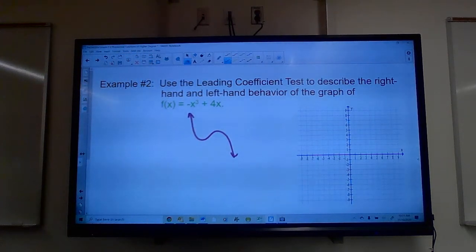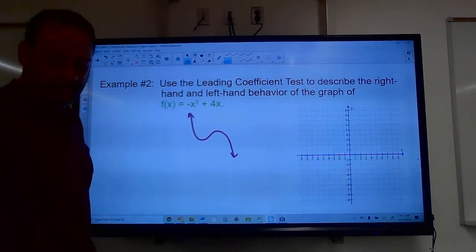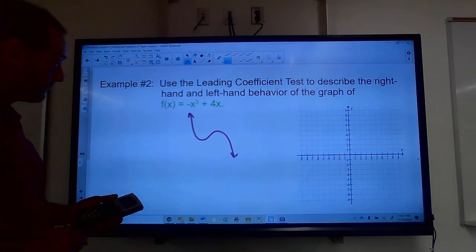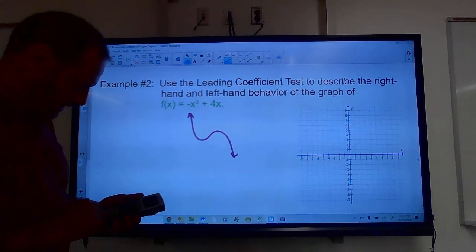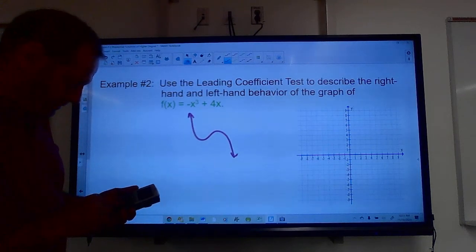Okay. Now I could graph this thing and find out exactly what it looks like. I probably would not choose to graph this by plotting points. So let's just graph it using a graphing calculator here. So we'll go ahead and plug in negative x to the third plus 4x.